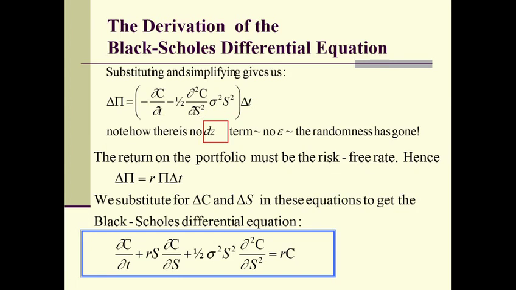Now, if you look at the differential equation, have we accounted for all the variables that we talked about? Yes or no? Is there anything missing? So we have time, we have stock, we have volatility, we have interest rates. Did we miss out anything?